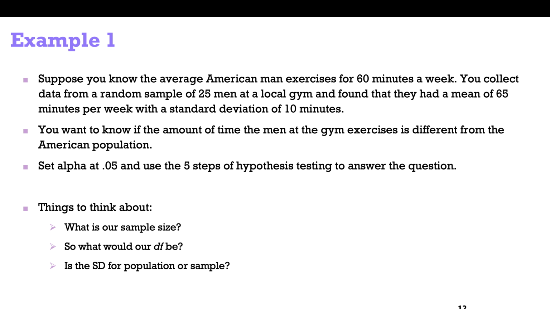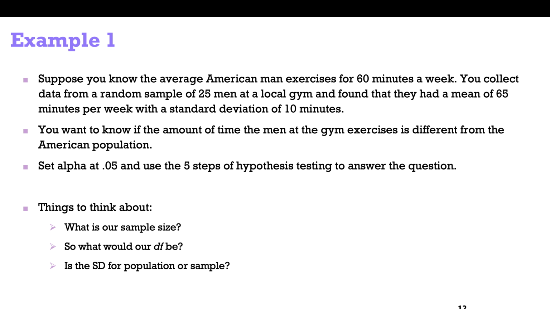You want to know if the amount of time the men at your gym exercise is different from the American population. Set an alpha at 0.05 and use the 5-step hypothesis test to answer the question. Okay, so a couple of things we need to think about first. What is our sample size? We can see that it's 25 men. So what would our degrees of freedom be?